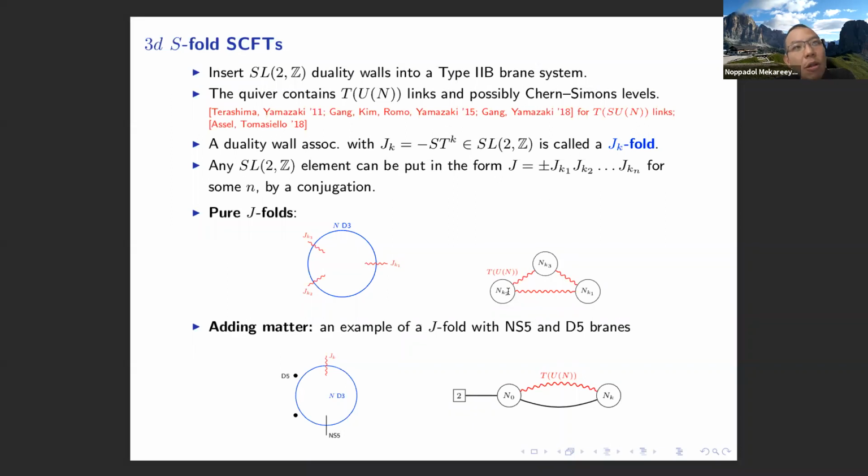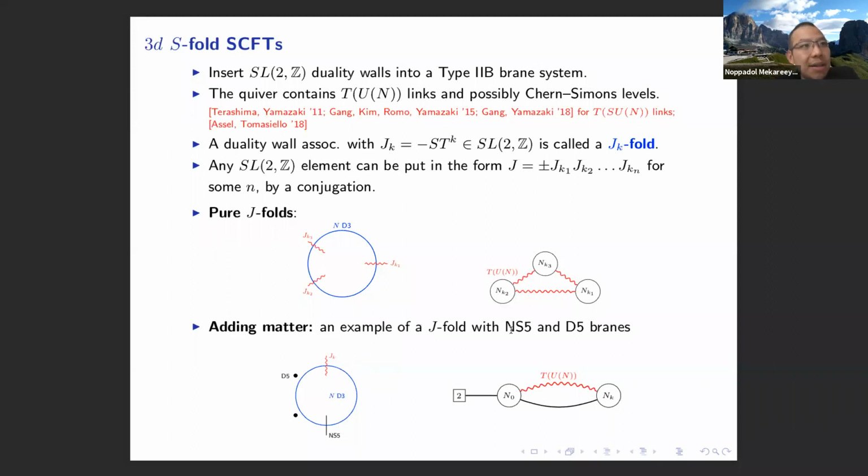Since each wall introduces a T[U(N)] link, instead of a bifundamental multiplet you have a T[U(N)] theory coupled to each of them. And T to the k also introduces Chern-Simons levels k1, k2, k3. So this is one example, and any SL(2,Z) element can be put into this form, basically. You can just look at the product of minus S T to the k, up to a conjugation. This is the theory that I'm going to study in the rest of the talk.